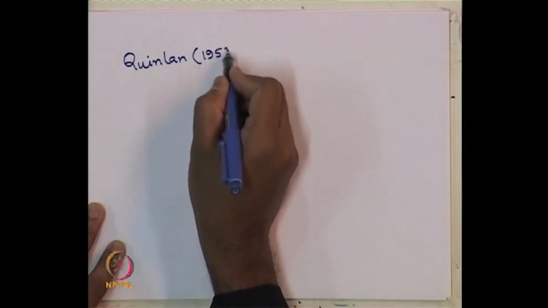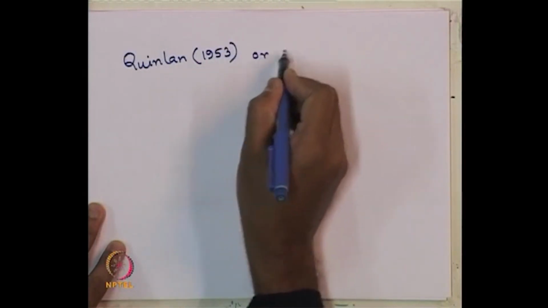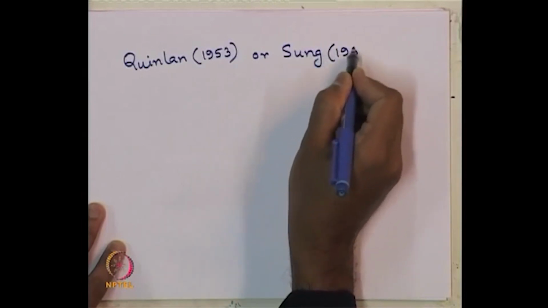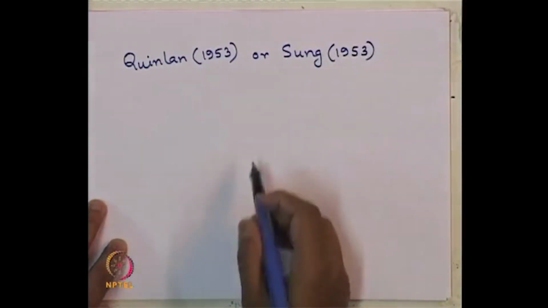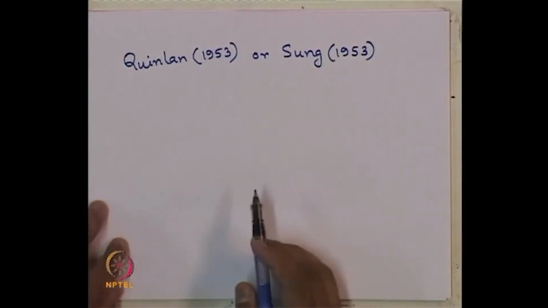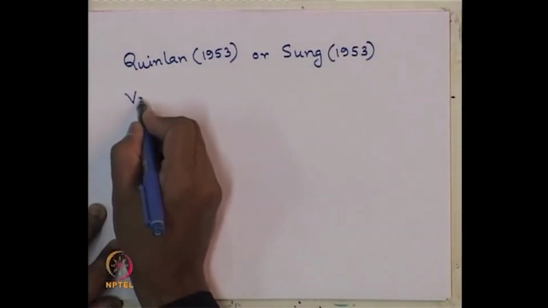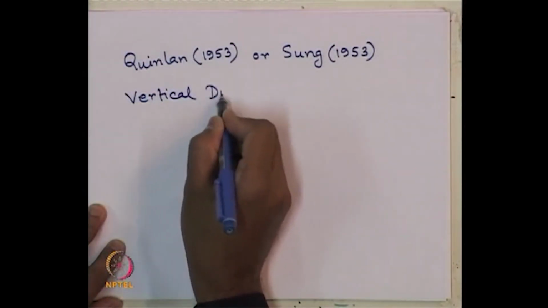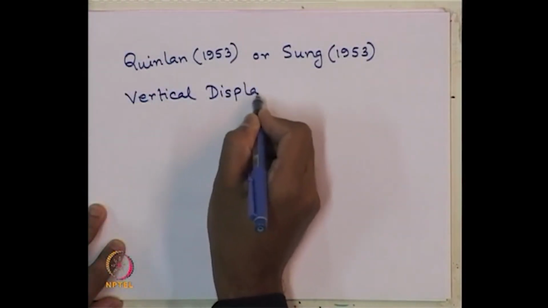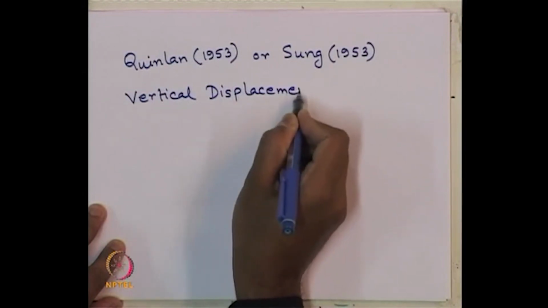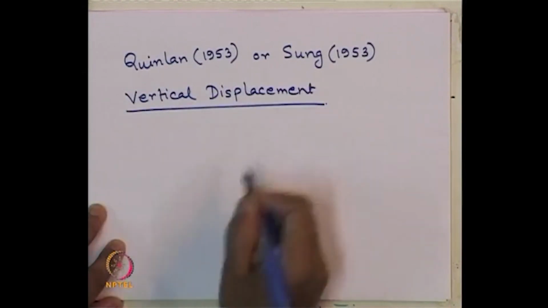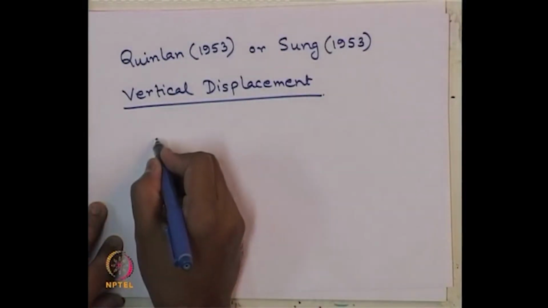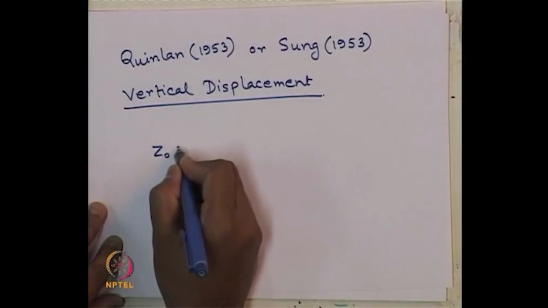Quinlan in 1953 and Sung in 1953, separately they did the research and came out in the same year with the expression for vertical displacement for such type of problem, that is a machine foundation subjected to a vertical mode of vibration.